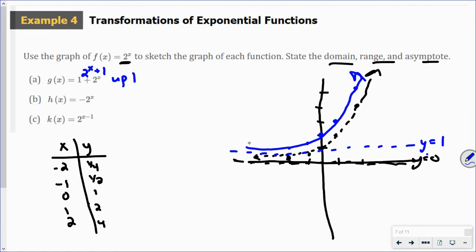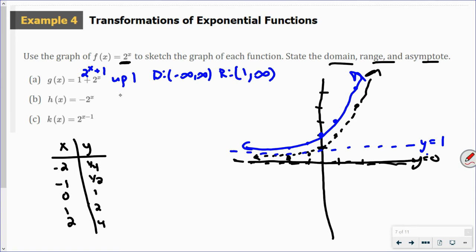Domain would be all reals. And your range, the lowest number I can have is 1, but I really can't even have that. So parenthesis 1, comma, positive infinity, it's going up.